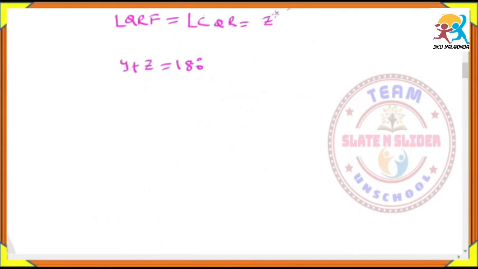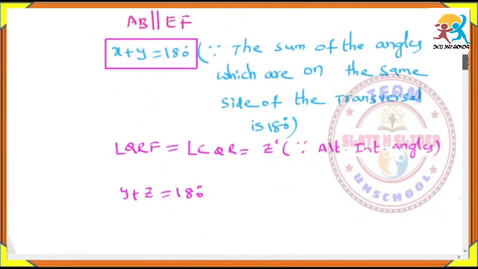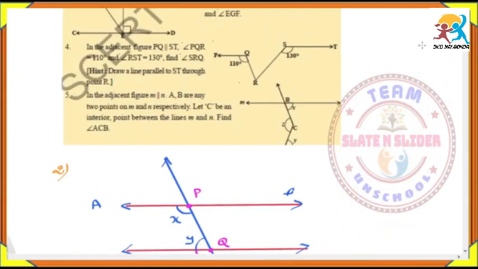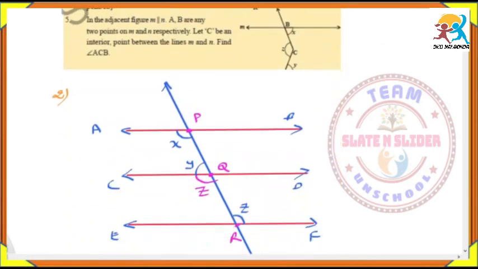That is equal to z, since they are alternate interior angles. So y plus z is equal to 180 degrees, and in the question itself it is given that y is to z is equal to 3 is to 7. That means y is 3 parts and z is 7 parts.